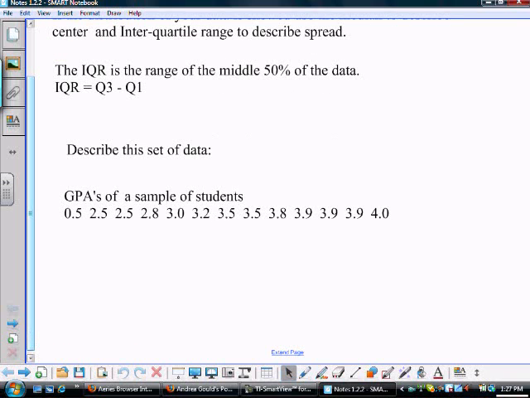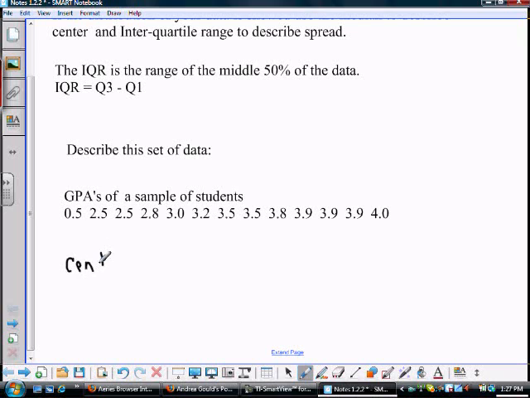So let's try to describe this set of GPAs of some made-up students. First off, let's see if we could find the center. I've put them in order. So finding the center, I'm going to go looking for the median because I think this data is skewed.